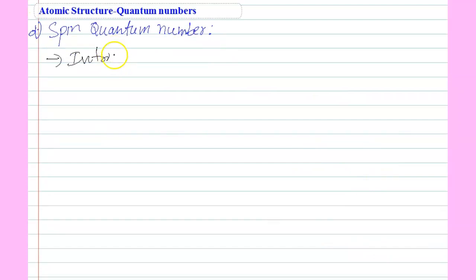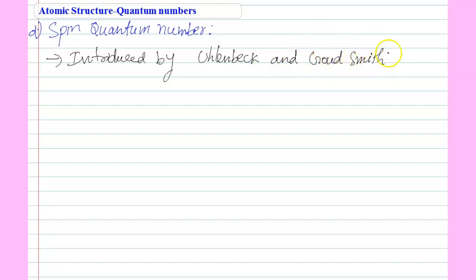Spin quantum number. The spin quantum number was introduced by Uhlenbeck and Goudsmit, and the spin is indicated by S. Actually it denotes the spinning of electrons.